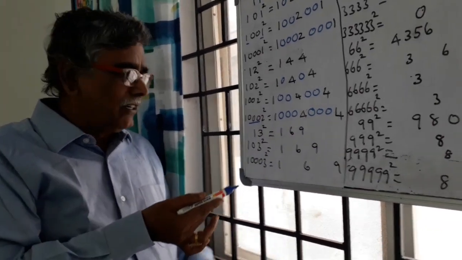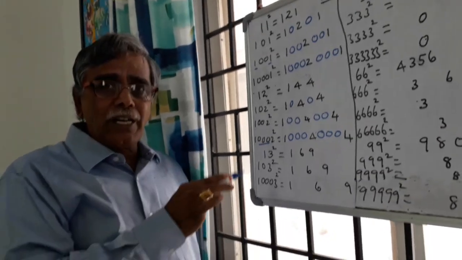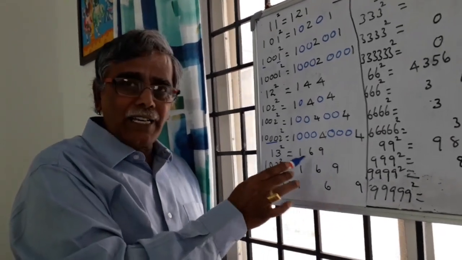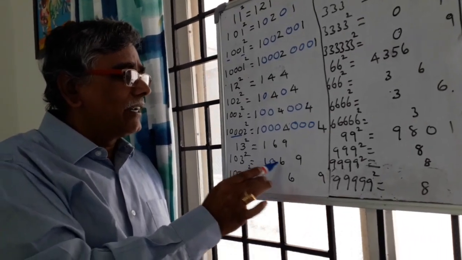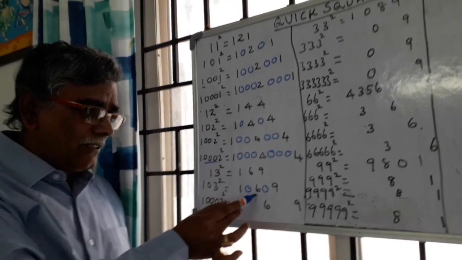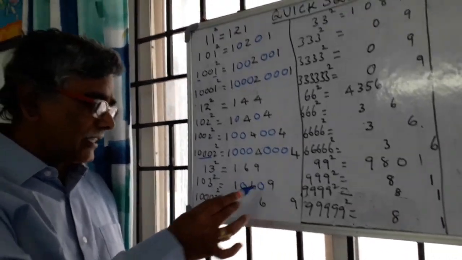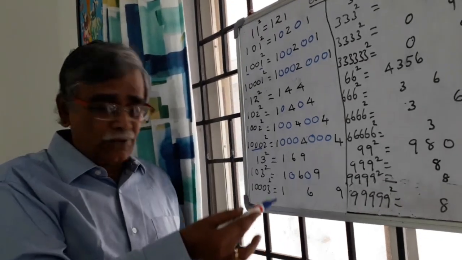It's very simple. So likewise, if you know 13 square, all of you know, that is 169. Here, 103 whole square is nothing but one 0 in between these numbers: 10609. 10,609 is nothing but 103 whole square.